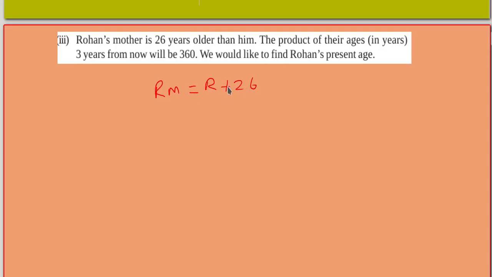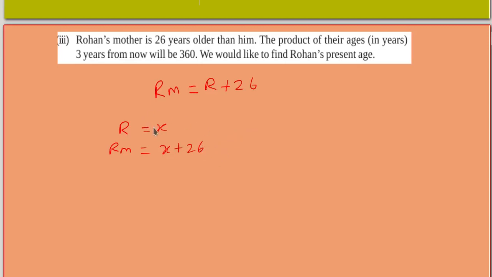The product of their ages 3 years from now. First of all, Rohan's age is given in terms of Rohan, so we can assume that Rohan's age equals x. That means Rohan's mother's age becomes x plus 26.